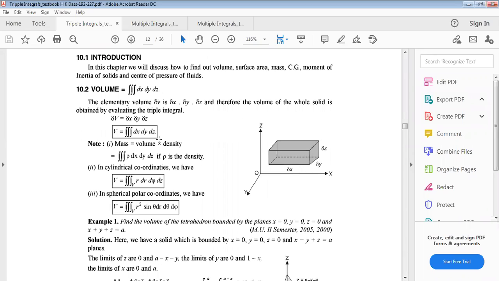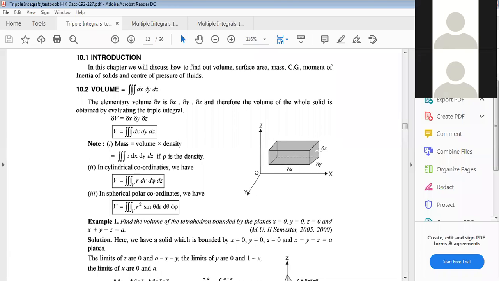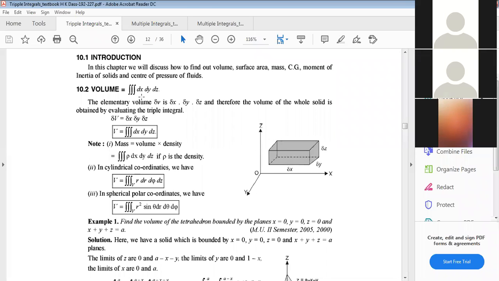In the formula for finding volume by triple integration, we can consider a three-dimensional solid. Suppose the smallest length along the x-axis is del x, along the y-axis del y, and along the z-axis del z. So the smallest volume, del V, equals del x into del y into del z.